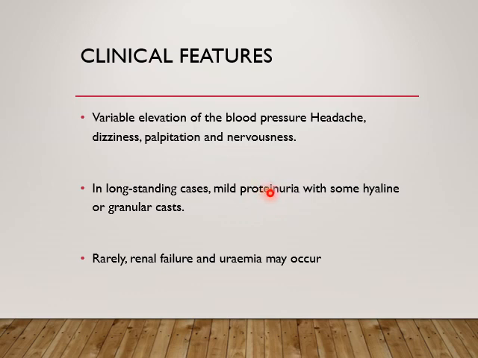So mild proteinuria can be seen with some hyaline and granular casts. These casts form because ischemia or hypertension affects not only the vessels but also the renal parenchyma. When the tubular epithelium gets damaged, it releases Tamm-Horsfall protein, which combines with either RBCs or inflammatory debris to form these hyaline and granular casts. Rarely, renal failure and uremia may occur.